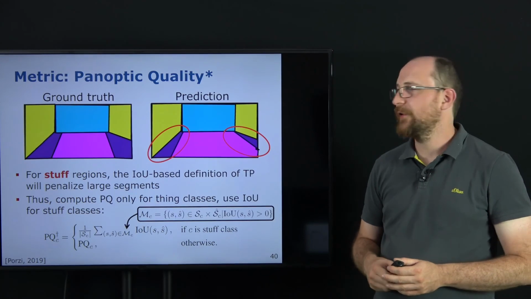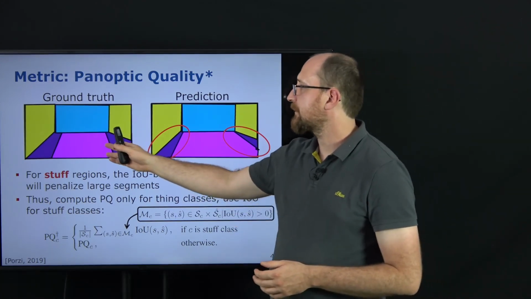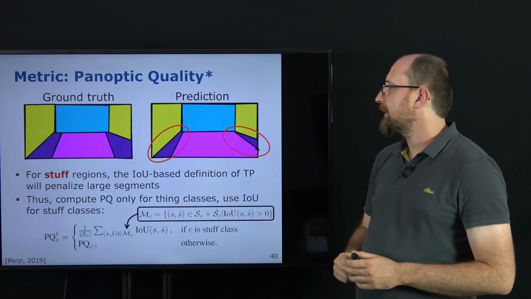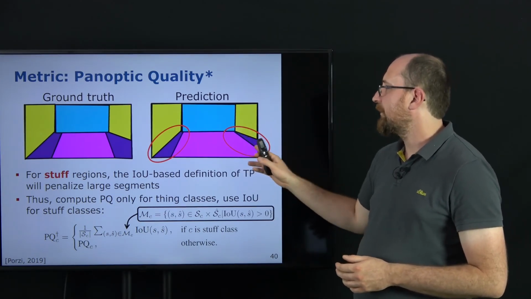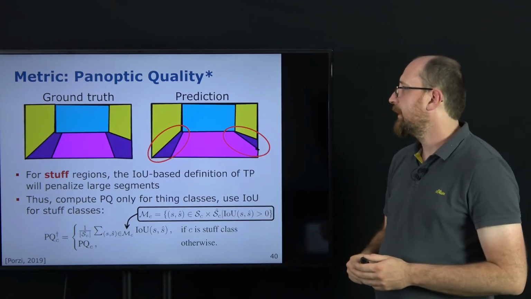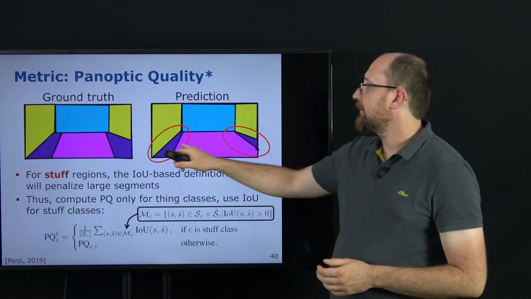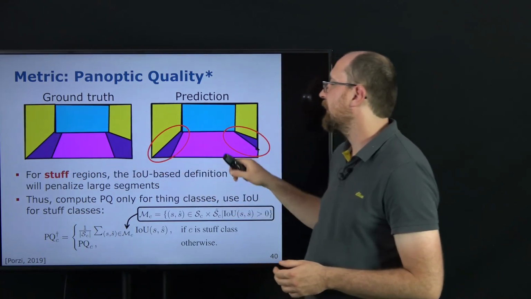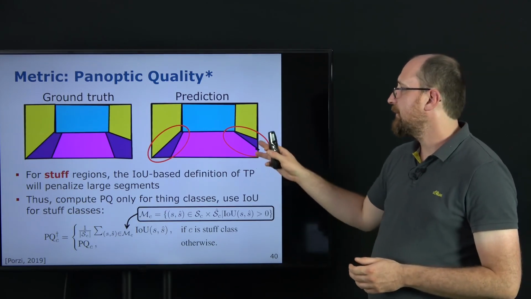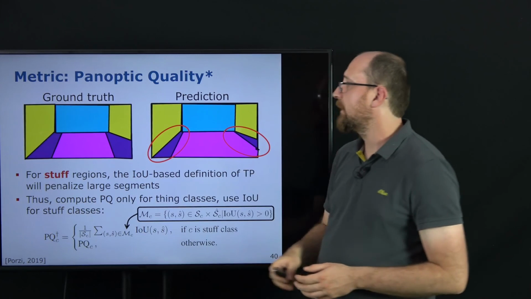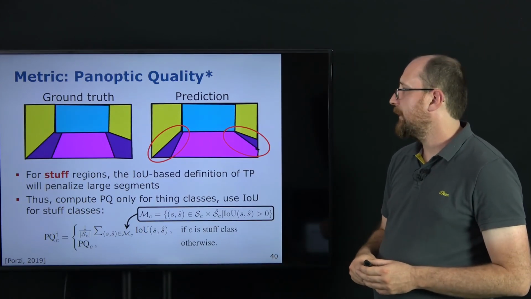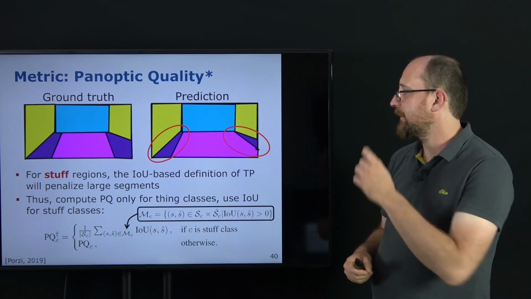Because when we have, for instance, this ground truth, and we're making small errors in the segmentation of the stuff region, like this sidewalk here, then the intersection over union between these two parts is maybe below 0.5. So even though it's not that wrong, it will still be counted as a false negative or a false positive in this case.